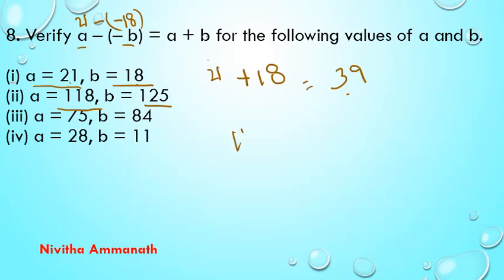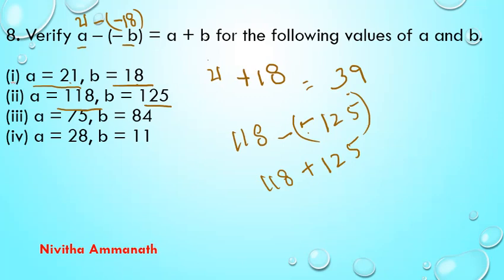Then next question, 118 and 125. 118 minus of minus 125. So in this, minus of minus is plus: 118 plus 125. So 8 plus 5 is 13, 1 carry over.